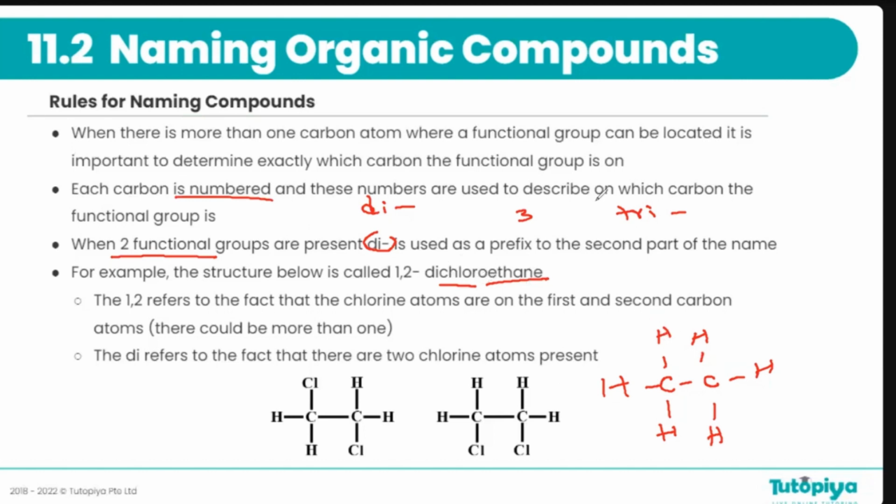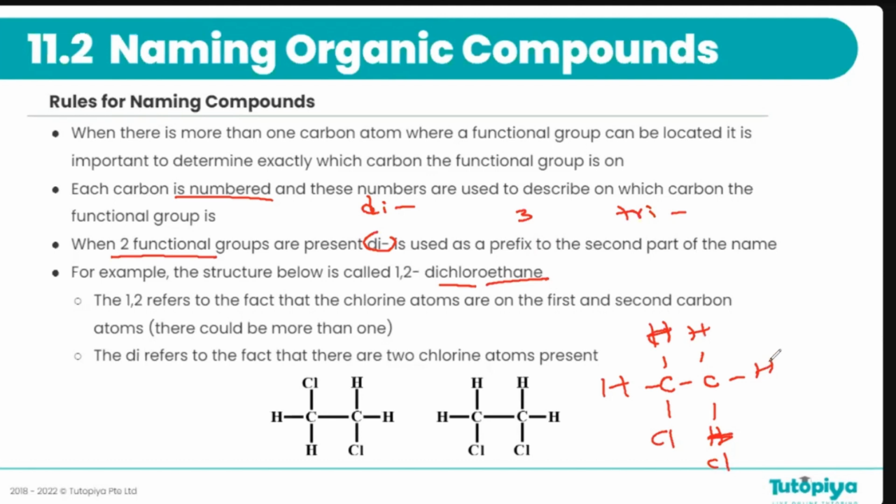But here it's dichloroethane. That means instead of two of these hydrogens, we have chlorine. But we don't know whether it's these two or these two, like this. It could be here or even be here. Could be in either of the carbons or in the same carbon.